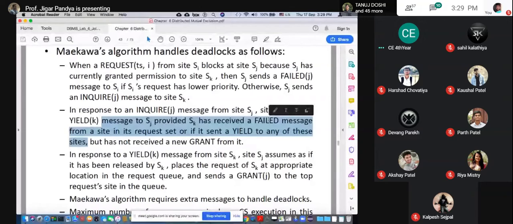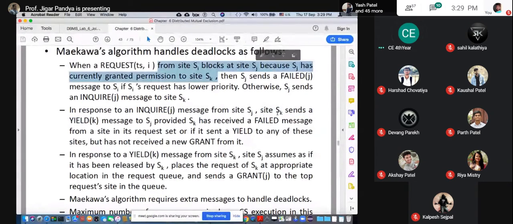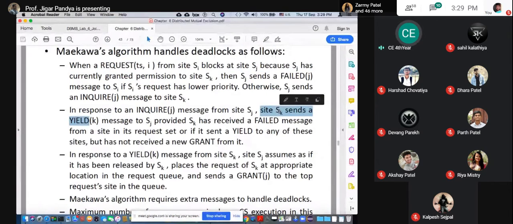So if site K has not entered the critical section because it received a failed message from some other site in its quorum, that means site K can release the acknowledgement back to site J. I mean, site K wanted to enter, but its own priority was lower than somebody else's, and hence it was in a waiting mode.